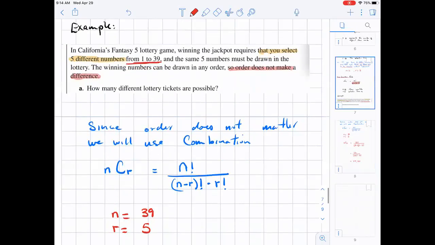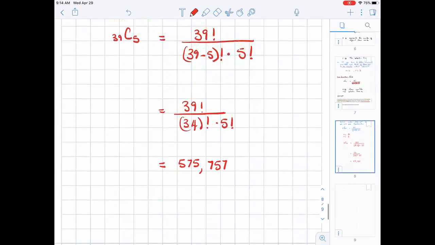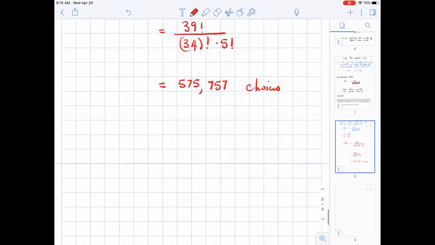So remember the question, how many different lottery tickets are possible? If you're only choosing from 1 to 39, and you're picking 5 numbers, you have a total of 575,757 choices. Now, I could also go on and ask you, what is the probability of selecting the winning ticket? So let's say I ask you a part B to this.